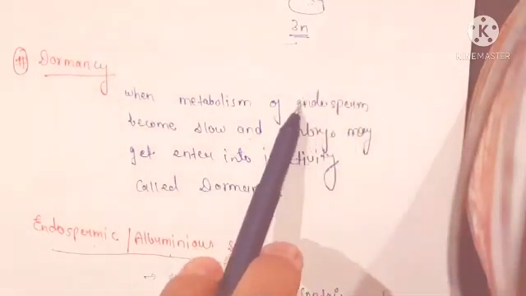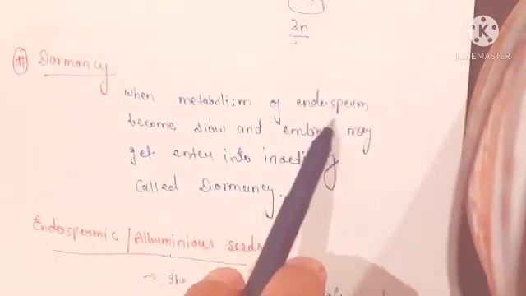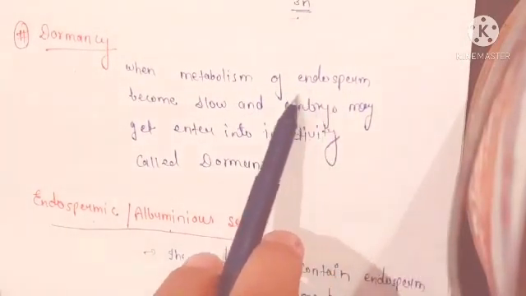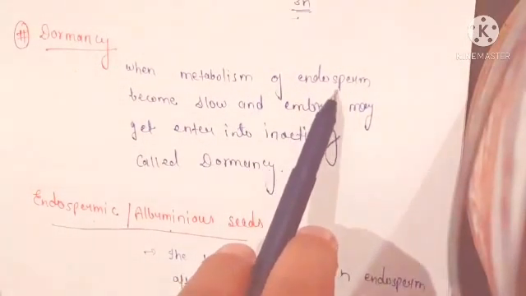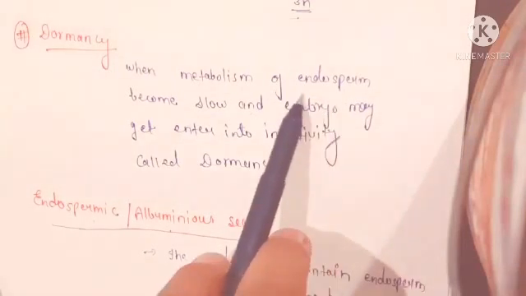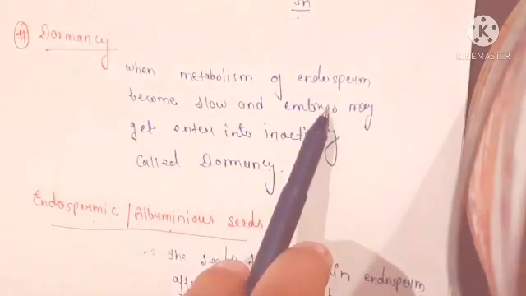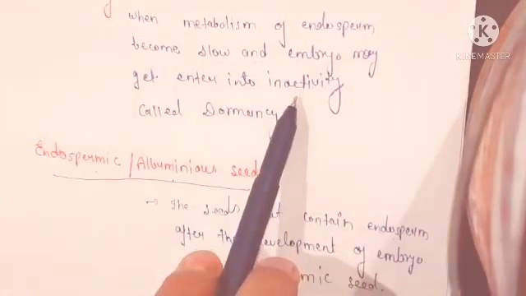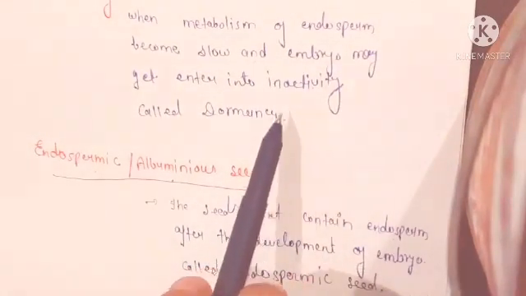So if there is less metabolism, meaning formation of endosperm is less, the embryo cannot take nutrient from that endosperm. So if the embryo cannot take nutrient, what happens? There is inactivity of embryo, and that is called dormancy.